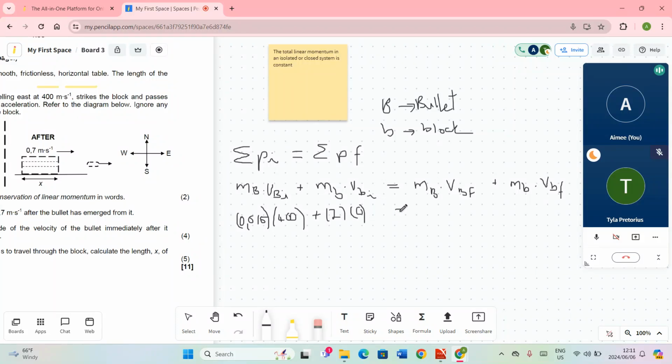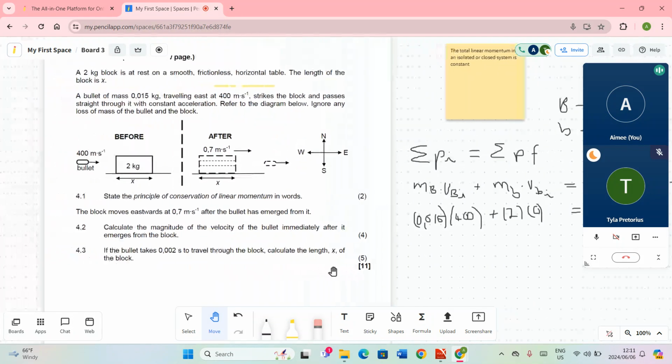This is equal to the mass of the bullet afterwards. They said to assume that the mass doesn't change, so 0.015 multiplied by its final velocity.